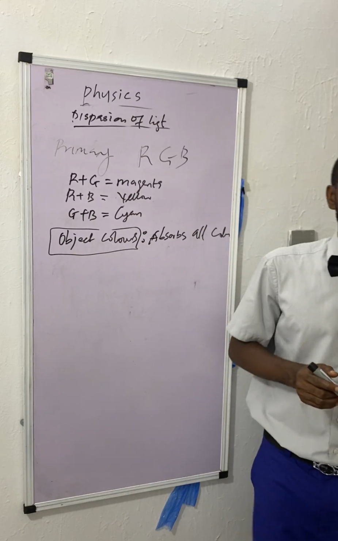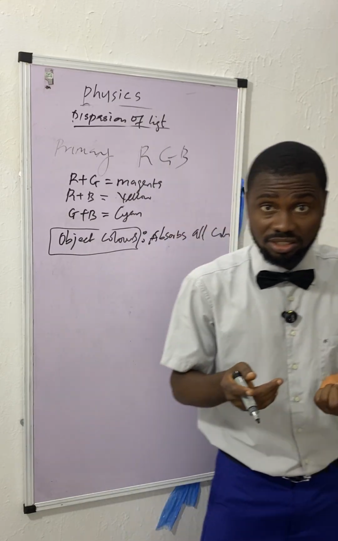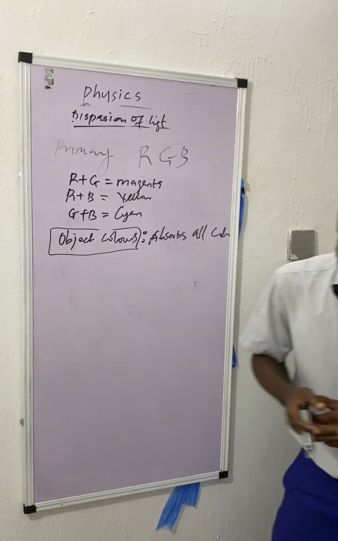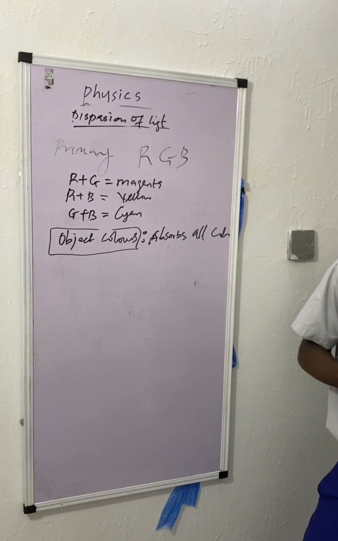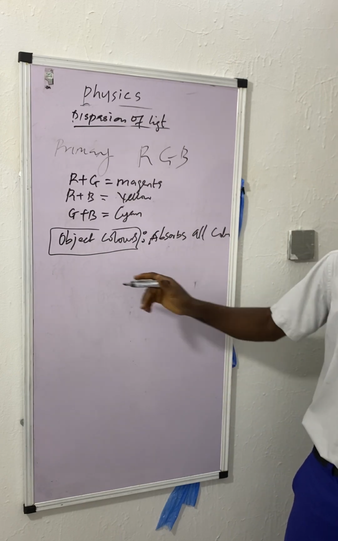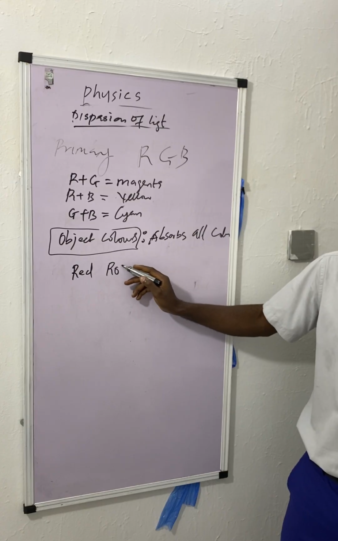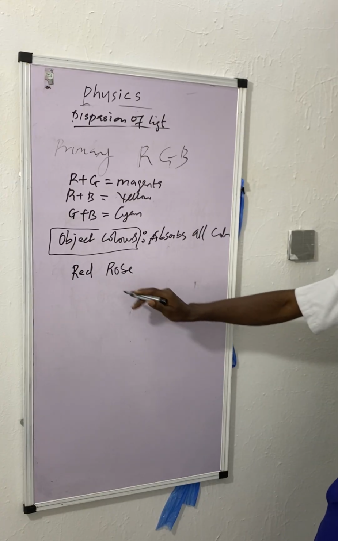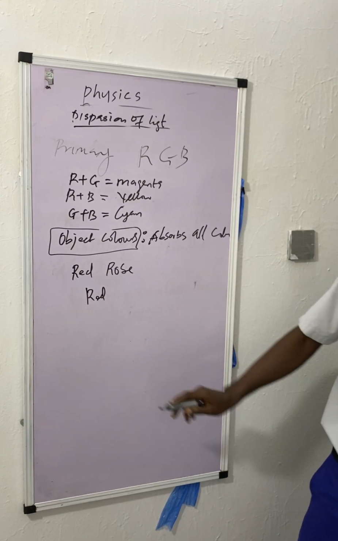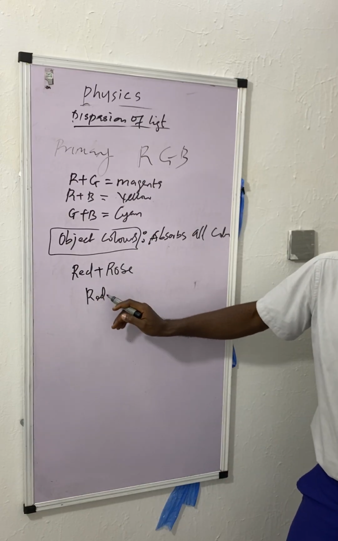And that is responsible for the appearance of an object, the color that you see when you look at an object. All right. So when you have a red rose, red is reflected. A red rose reflects only red.